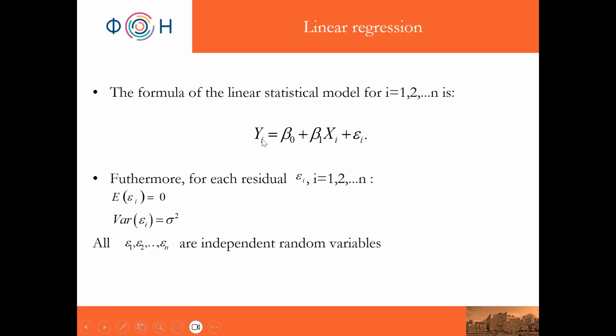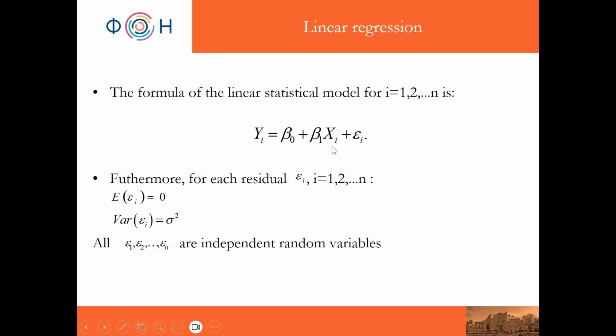So here we have a formula of a simple linear regression model. Our Y i is our dependent variable, the variable which we are interested in modeling and learning more about. Beta 0 is the constant in our model. Beta 0 tells us what is going to be the value of our dependent one if our independent variable takes the value of 0.